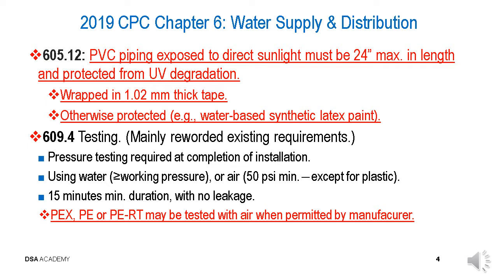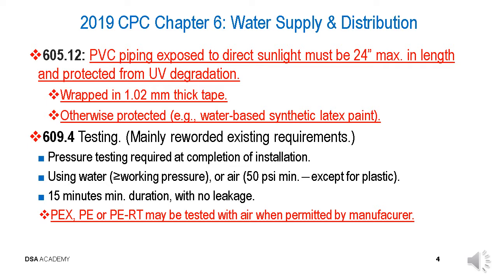And the next section here, 609.4, with regards to testing, has mainly been reworded from the existing requirements. As you can see here, with regards to the next several sub-bullets, the pressure testing required at the completion of installation is the same as what it was before, as was the next one regarding using water which is greater than or equal to the working pressure, or air, 50 psi minimum, except for plastic.